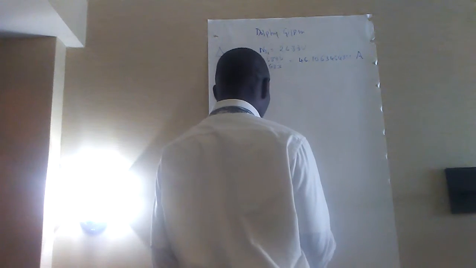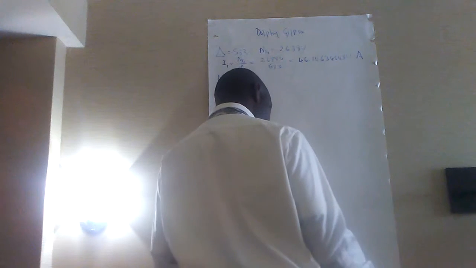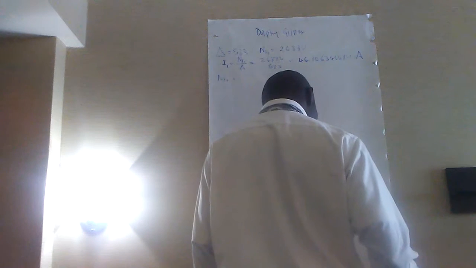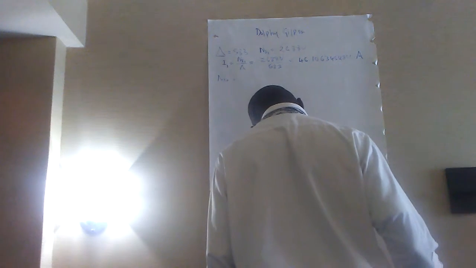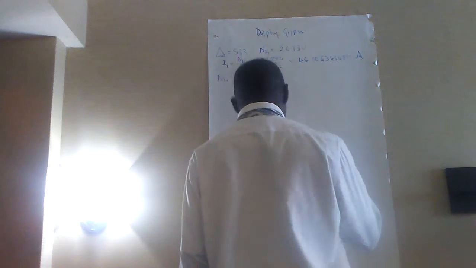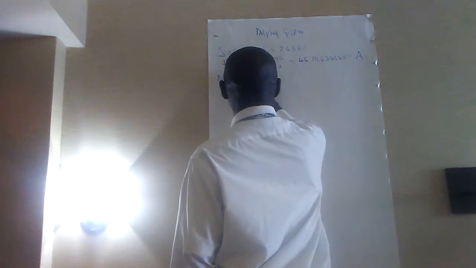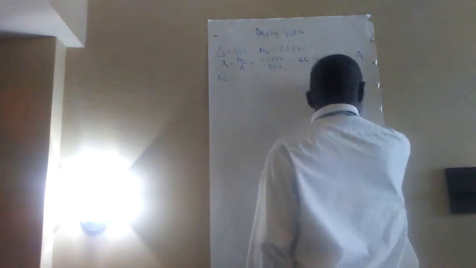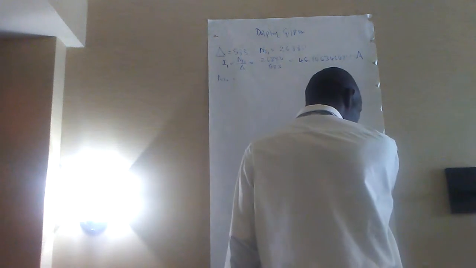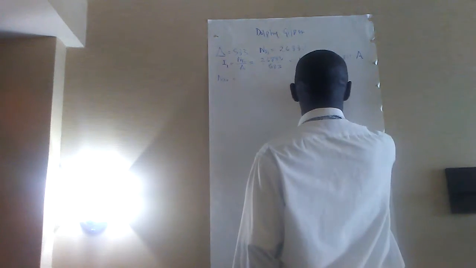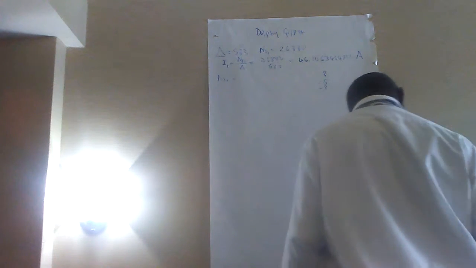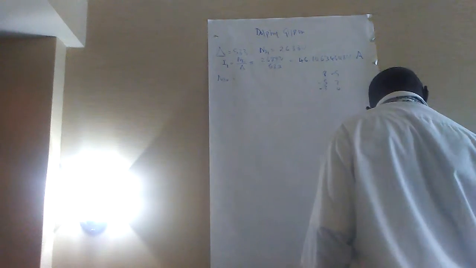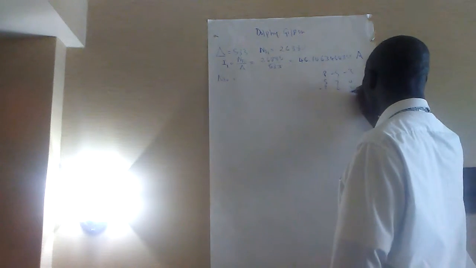The source matrix here was 8, 5, 3, minus 570, and minus 304.